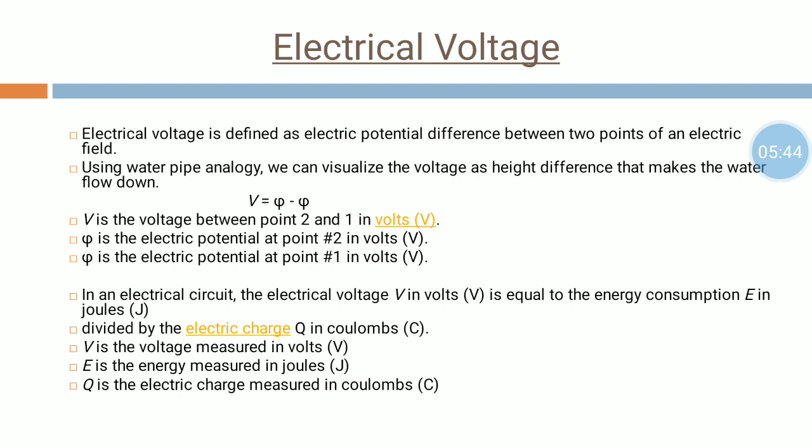That means whatever amount of energy is consumed per unit charge gives the voltage, so V equals E divided by Q in an electrical circuit. V is the voltage measured in volts, E is the energy measured in joules, J, and Q is the electrical charge measured in coulombs, C. So this is about electrical voltage.